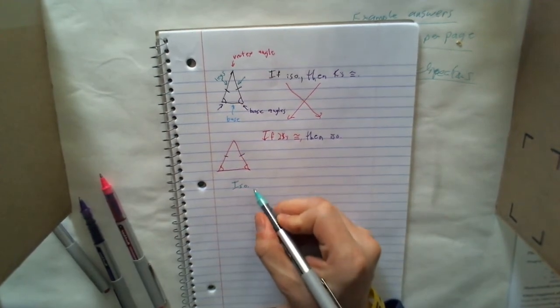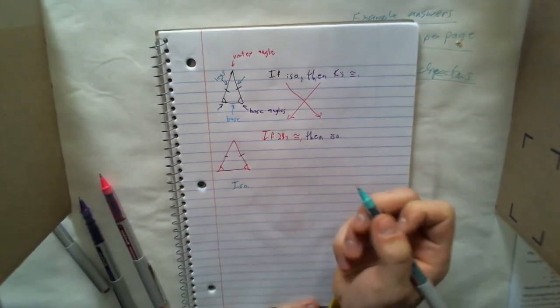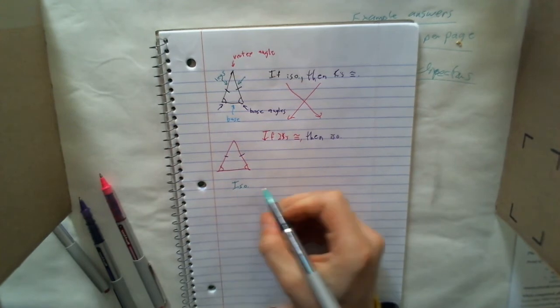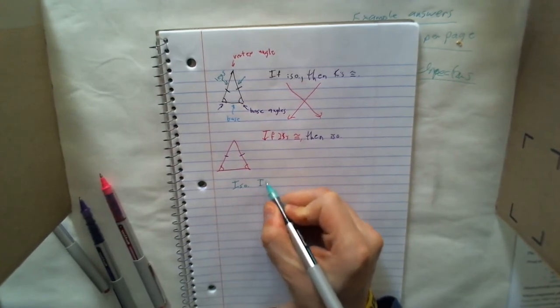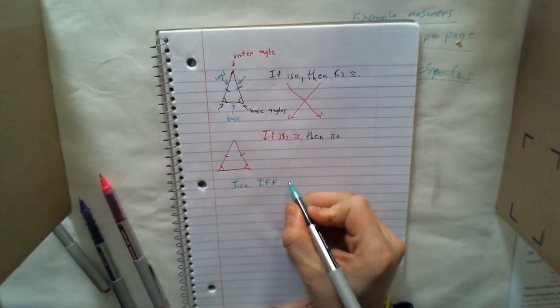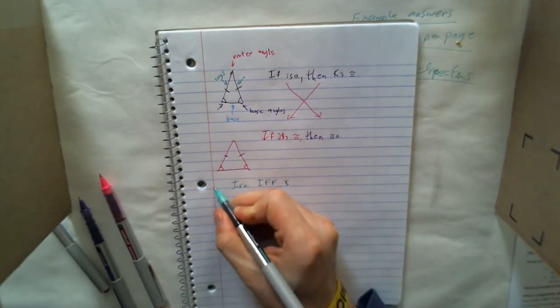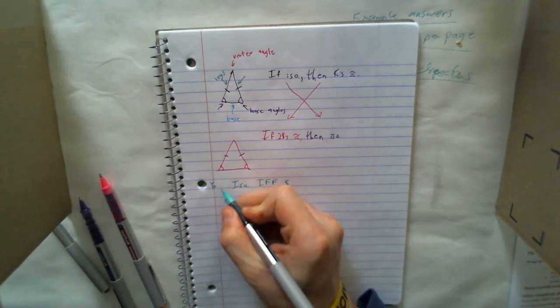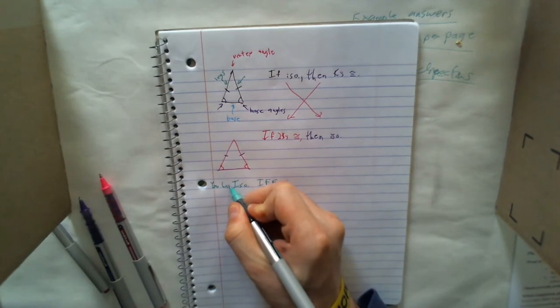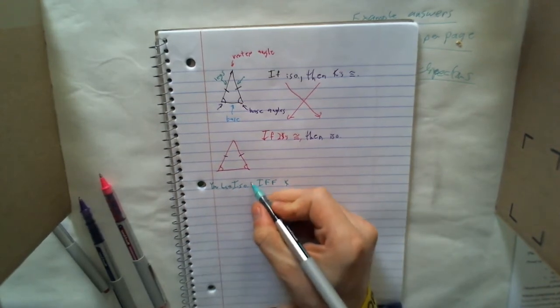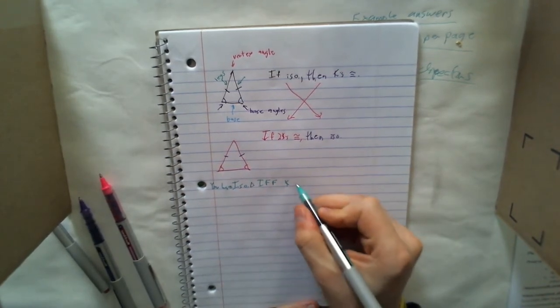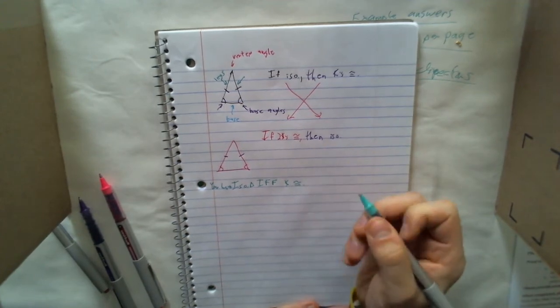Why is this hard to write? You have an isosceles triangle if and only if the base angles are congruent. That's what I want to say.